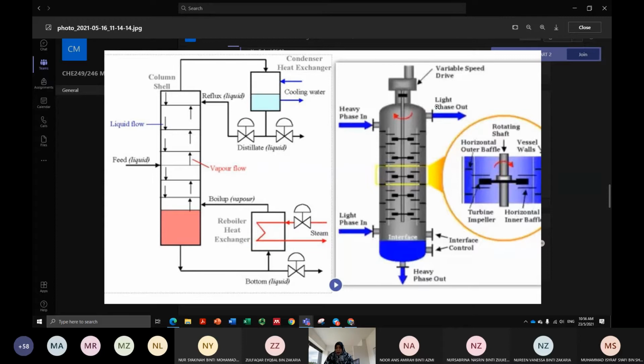The amount of the extract that consists of your solute, you're going to look at the differences that you collect here. If more solute is collected at your extract, the recovery is more than 50%. Whereas the rest, which is not recovered, will be collected at your raffinate.